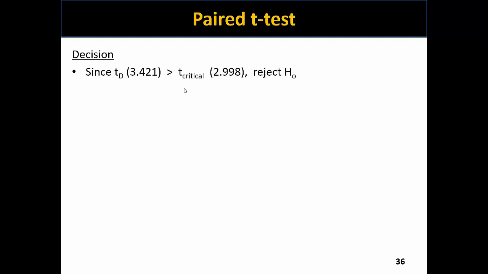So recall that our critical t-value was a value that was quite a bit higher than we had observed in previous examples at 2.998. And so at 2.998, this is a critical t-value that is a much higher standard for null hypothesis rejection. However, the calculated t-value of 3.421 was in fact found to be greater than the critical t-value.